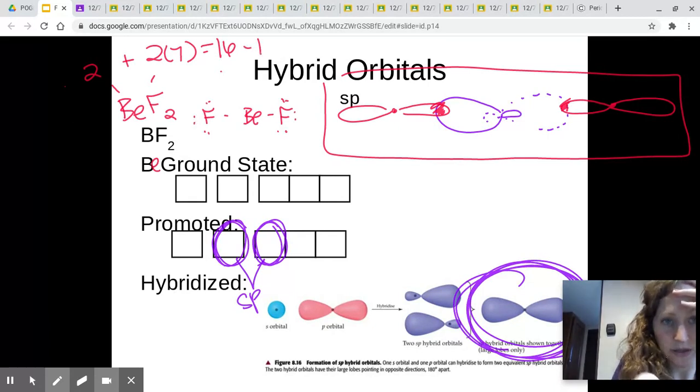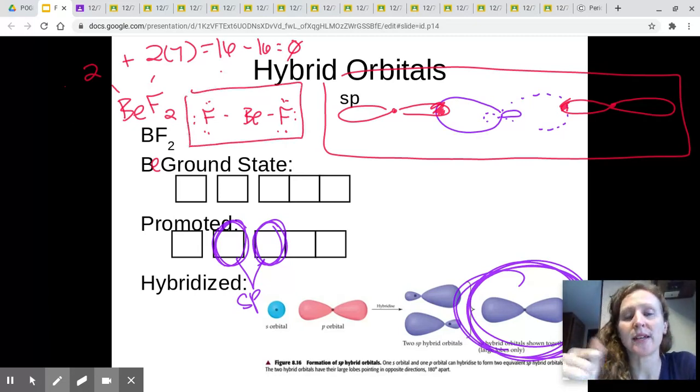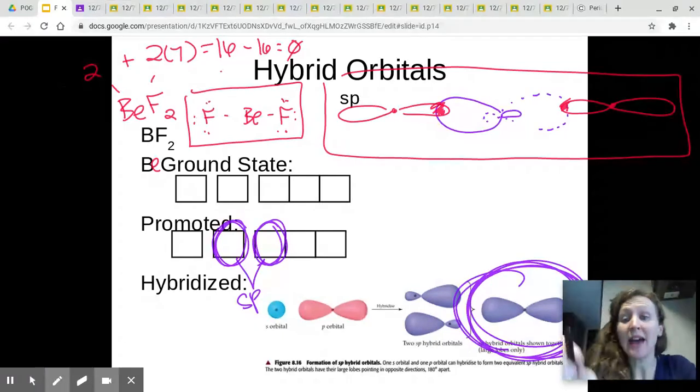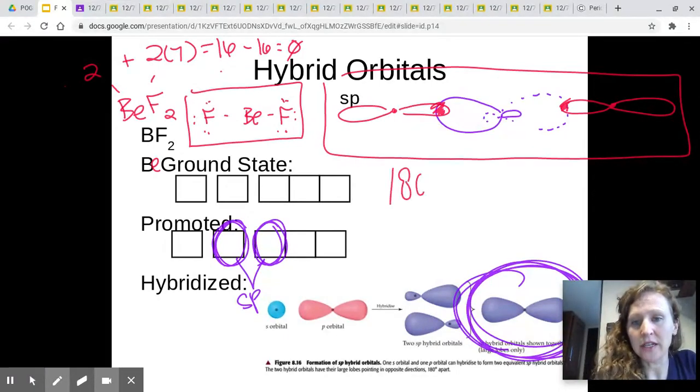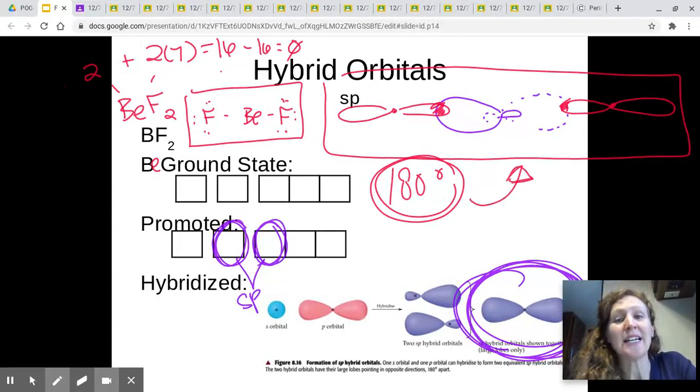There we go. All right. And remember, beryllium is okay having less than an octet. So notice that my central atom has 2 things around it, 2 electron regions that are going to repel. And that would give me 180 degrees, which is what my molecular orbital, my hybridized orbitals are going to predict.